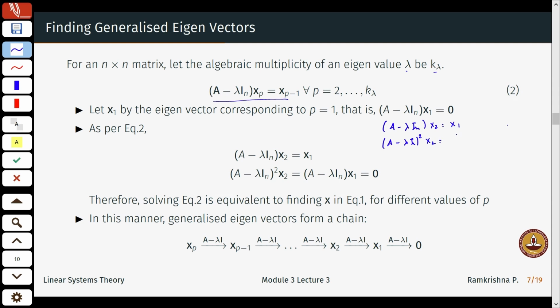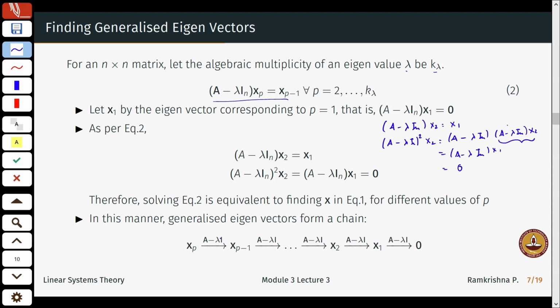This I can write as (A minus lambda I)(A minus lambda I) times x2. Now, what do I know about this guy? This guy is (A minus lambda I) times x1, and I know that x1 is already an eigenvector, right. So, from here, this will be 0. So, this is how I compute the generalized eigenvectors, right. Then similarly you can do it for the cube and so on, right.